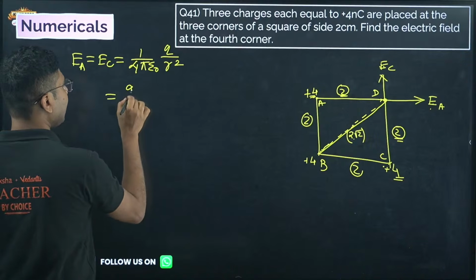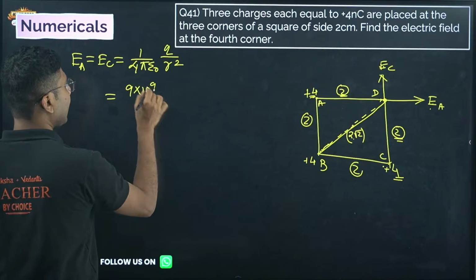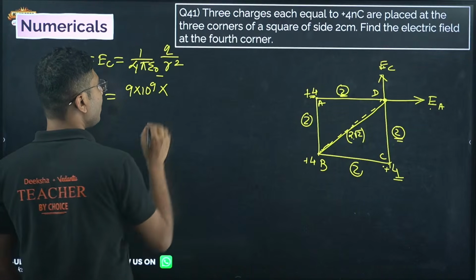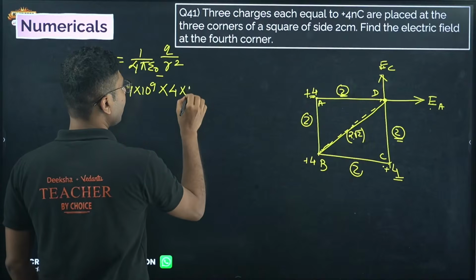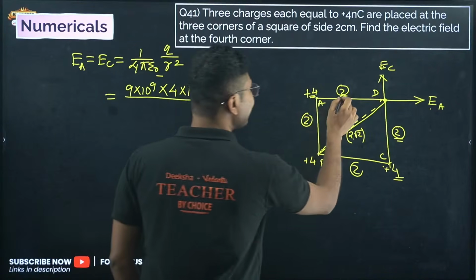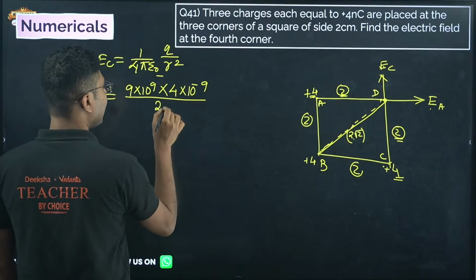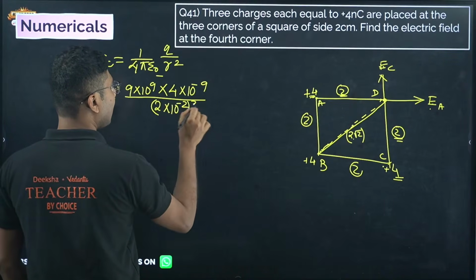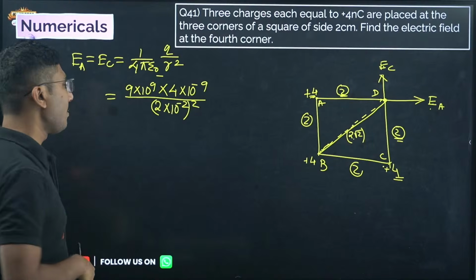So it will be 9 into 10 to the power of 9, that is the value of 1 by 4 pi epsilon naught, into Q. Q is 4 nanocoulomb divided by R square. R is 2 centimeter. You always convert centimeter to meter by multiplying 10 to the power of minus 2.